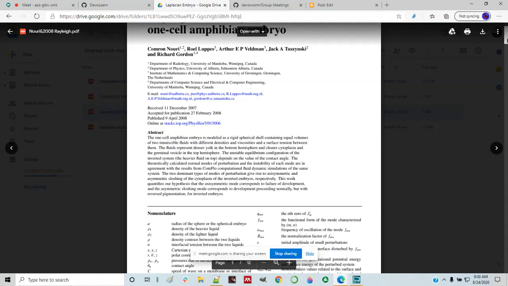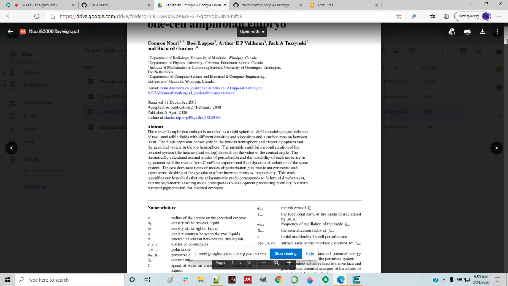The one-cell amphibian embryo is modeled as a rigid spherical shell containing equal volumes of 2 immiscible fluids with different densities and viscosities, and a surface tension between them. The fluids represent denser yolk in the bottom hemisphere and a clear cytoplasm and the germinal vesicle in the top hemisphere. And so the unstable equilibrium configuration of the inverted system depends on the value of the contact angle.